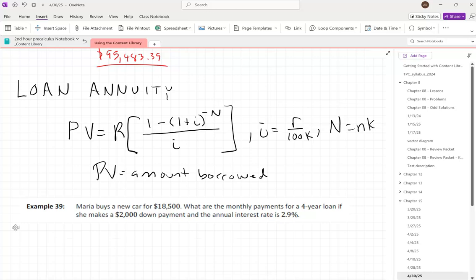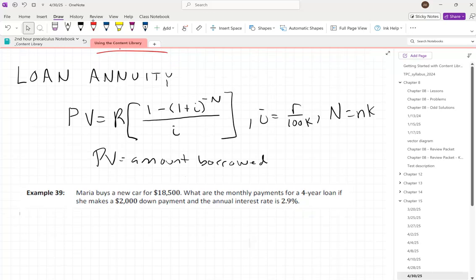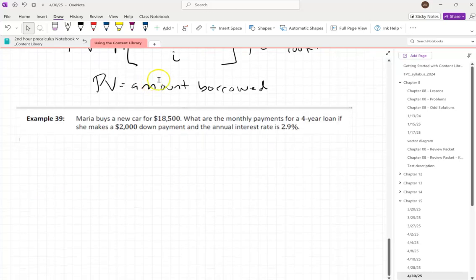What are the monthly payments for a 4-year loan if she makes a $2,000 down payment and the annual interest is 2.9%? Old Maria must have bought this car a little while ago because the interest rate has not been 2.9% for a little bit here. Interest rates are hovering around 7 right now, which just kills you.